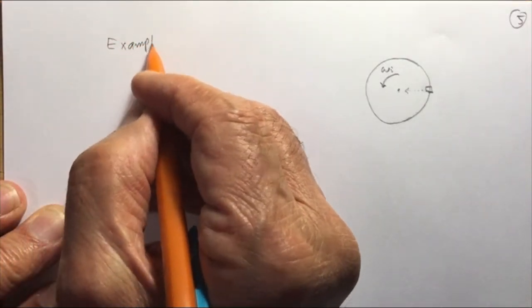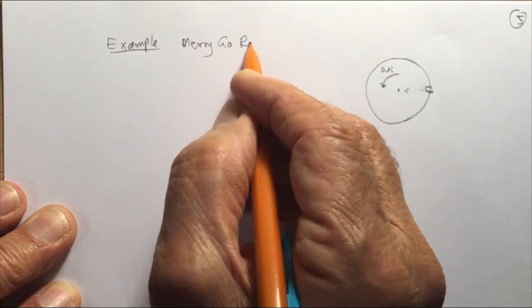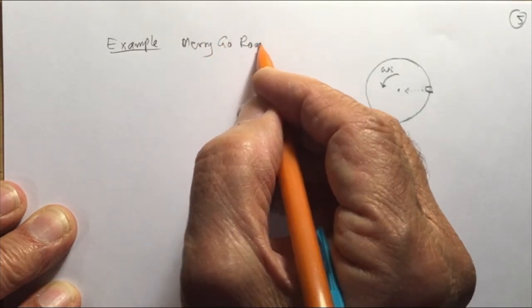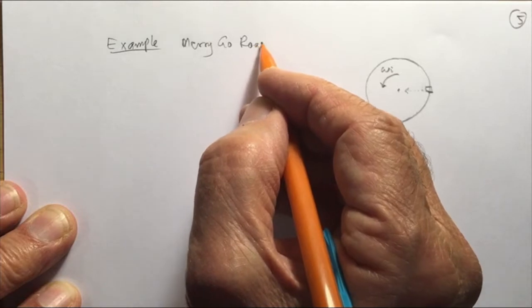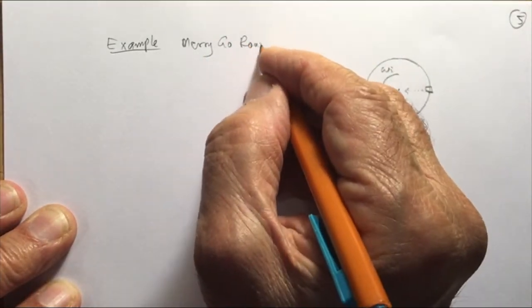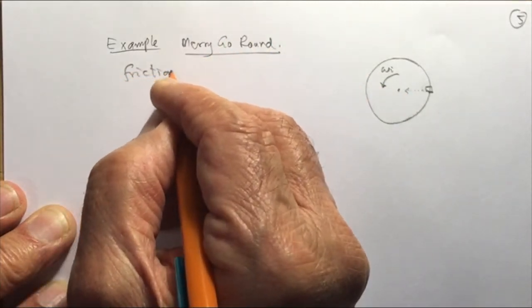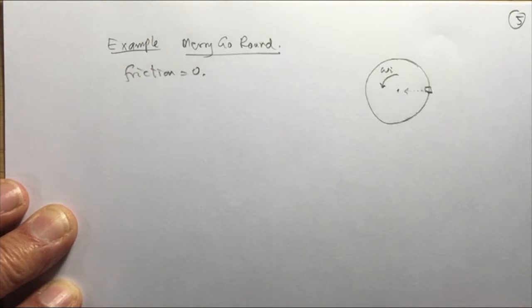So we have a merry-go-round, and we'll assume that there is no friction in here. Okay, so friction is 0. Make it somewhat easier.